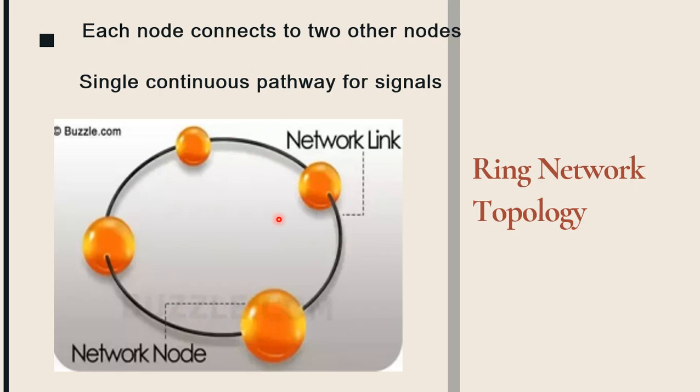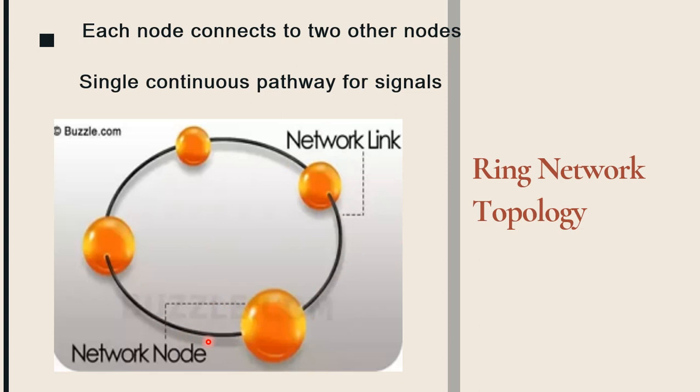The addition and removal of network nodes is very easy as the process requires only changing two connections. Means any of the hubs we can remove from this network system, it will not disturb the other systems, and we can also make an addition. In this particular ring network, we can add other additional systems or hubs.